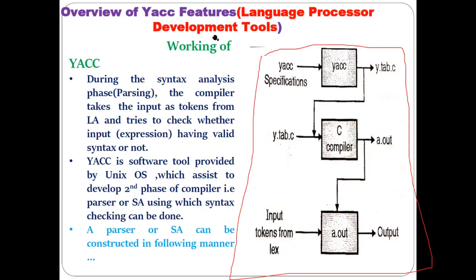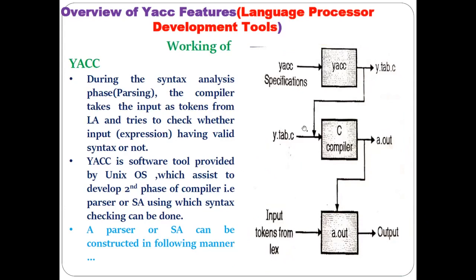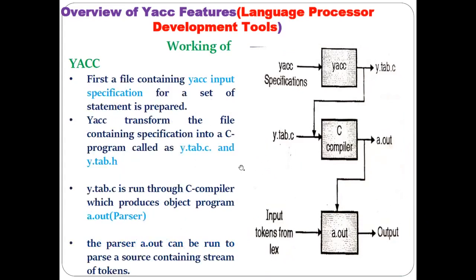Here you just need to understand the way of constructing the syntax analyzer. As I have written here, first a file containing the Yacc input specification for a set of statements is prepared. Means first you have to write the Yacc program, and that Yacc program consists of three sections, the same as Lex: the declaration, rule section, and the user functions.